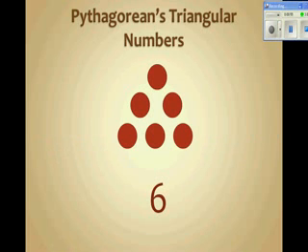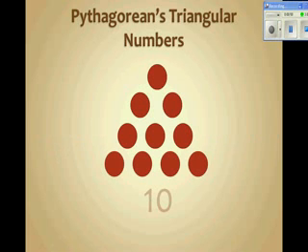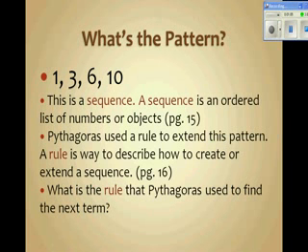It still retained its triangular shape. To extend it further, they added 4 more stones. So what's the pattern? So far we've had 1 stone, 3 stones, 6 stones, and 10 stones.